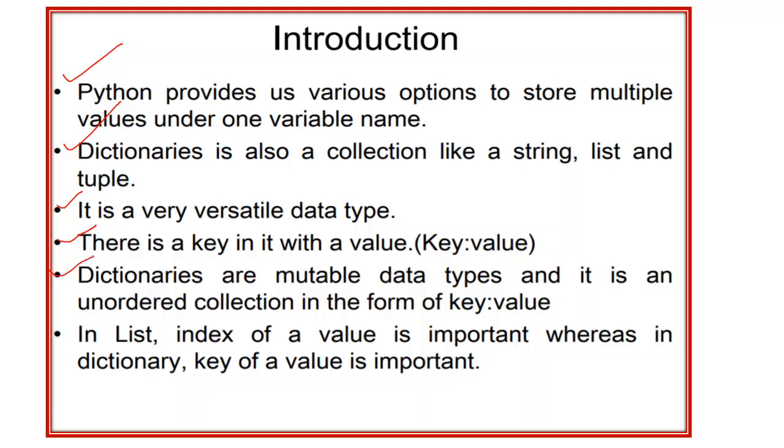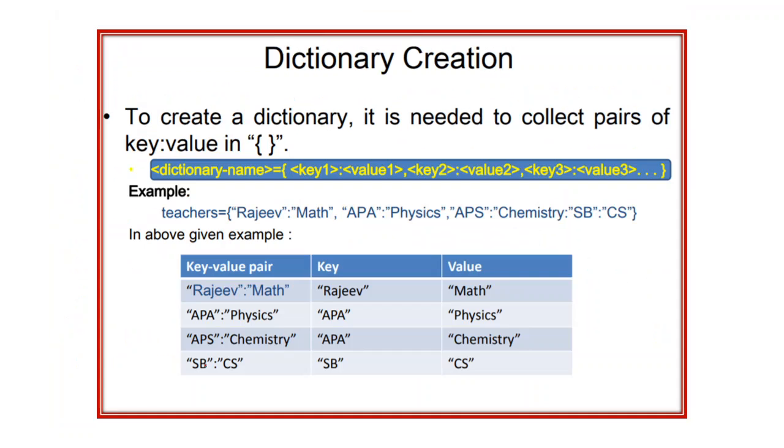Dictionaries are a mutable data type. It is an unordered collection in the form of key value pairs. In a list, the index of the value is important, whereas in a dictionary the key of the value is important. Here we will perform every operation through the key of the dictionary.